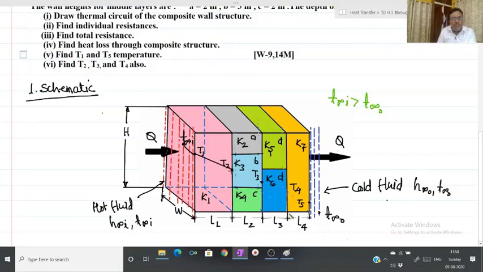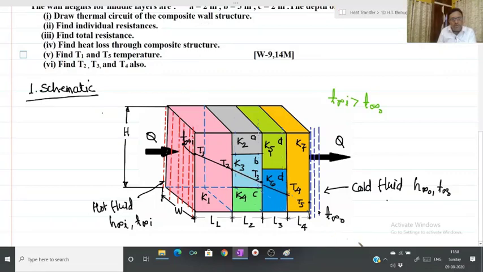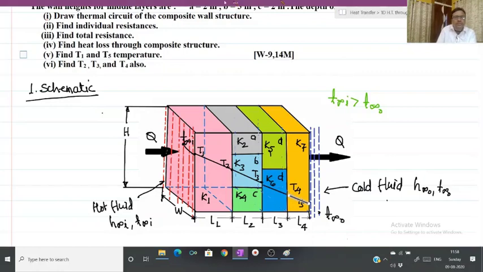Similarly from T1 to T2, then from T2 to T3, then from T3 to T4, then from T4 to T5, then from T5 to fluid outer temperature.